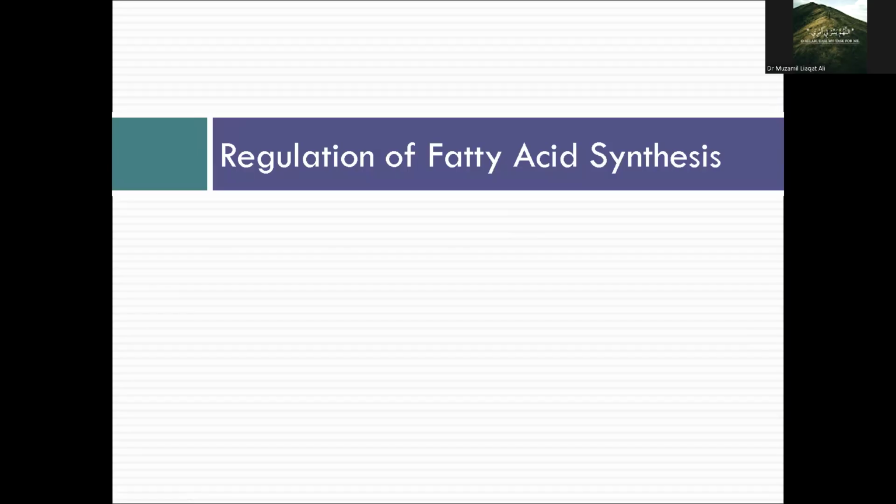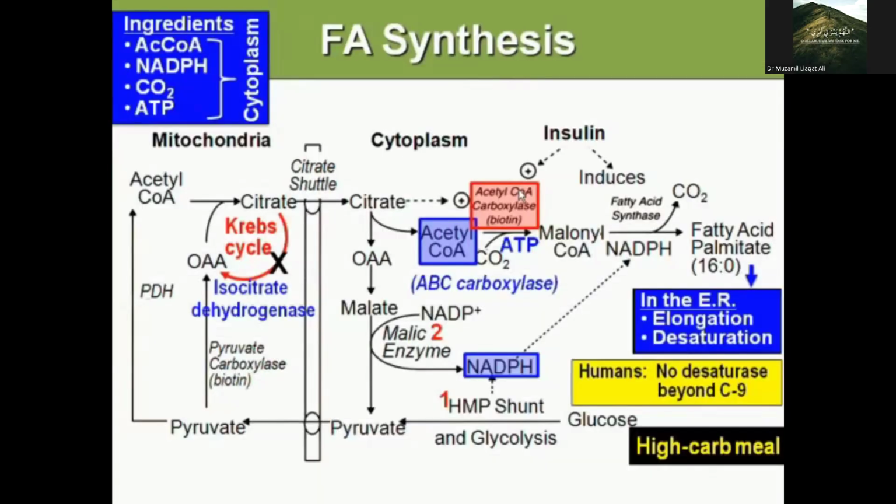Now, let's discuss the desaturation of the fatty acid chains. To make unsaturated fats, like oleic acid, we need desaturase. These are endoplasmic reticulum membrane enzymes that introduce double bonds using oxygen, NADH, and cytochrome B5.